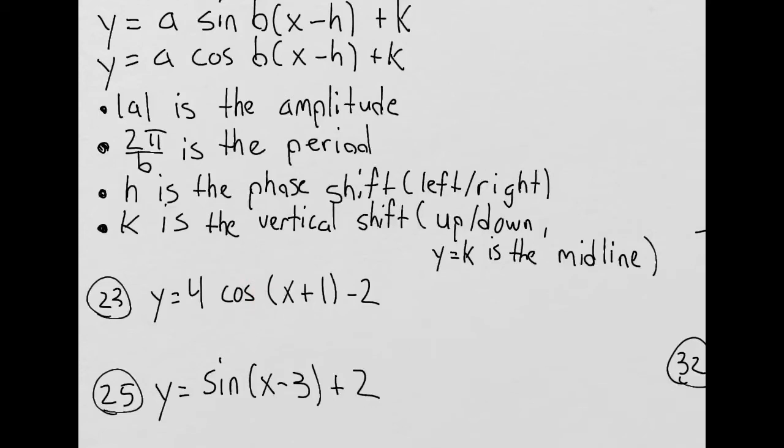But what the question is asking for is the shifts. So you see that 1 right there. Be careful. Just like always before, it's a minus h. So actually, h is a negative 1 right there. So that is going to be a shift to the left. So it's a phase shift left 1.